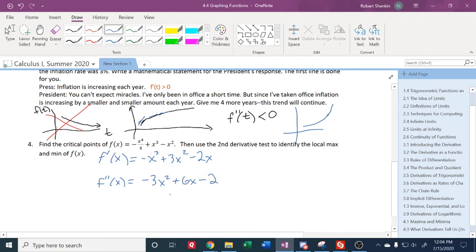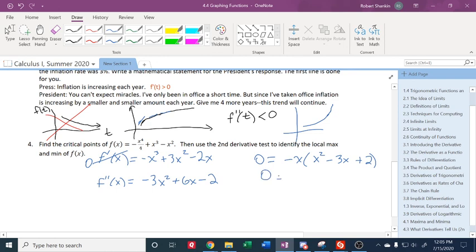Alright, so now we set this to 0, and we're going to get 0 equals, and I'm going to factor out a negative x. I like the first term to be positive. I'm going to get x squared minus 3x plus 2.